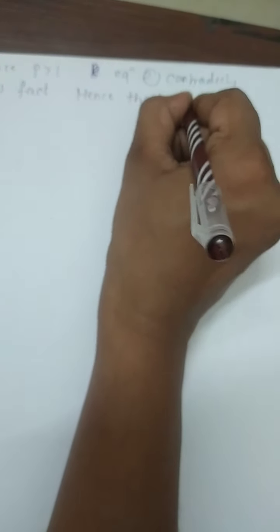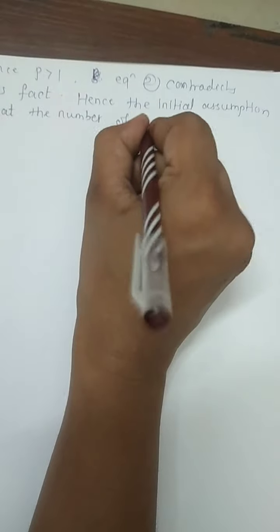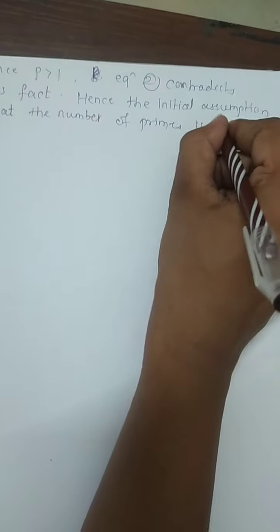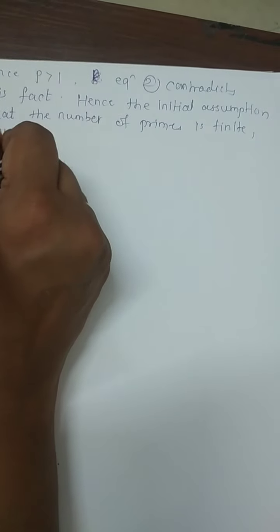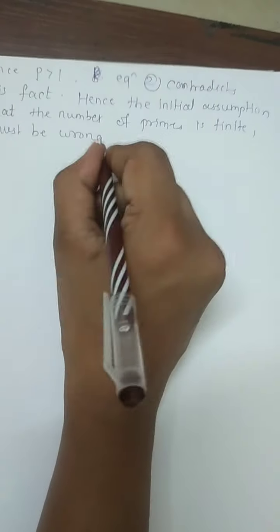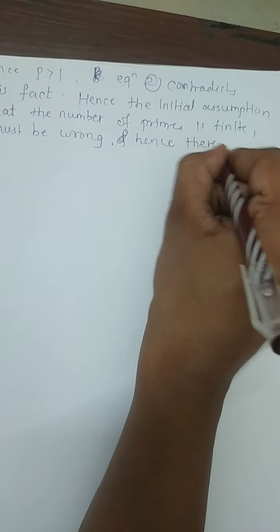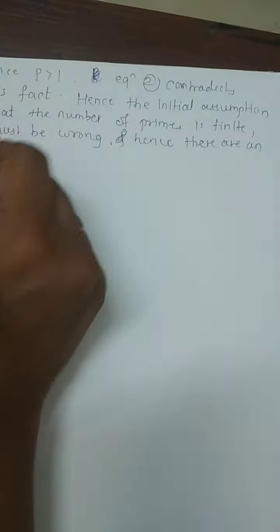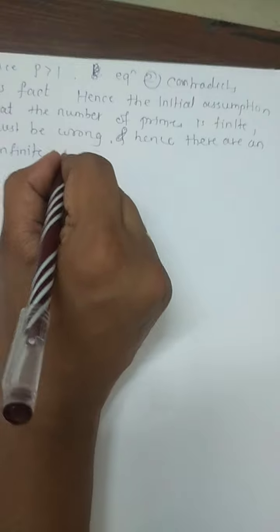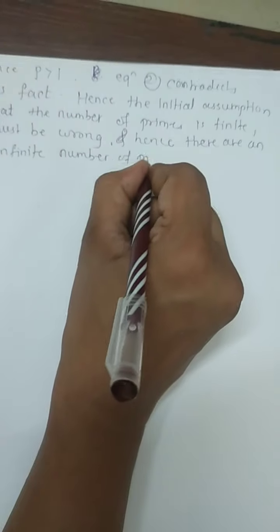Hence the initial assumption that the number of primes is finite must be wrong, and hence there are an infinite number of primes.